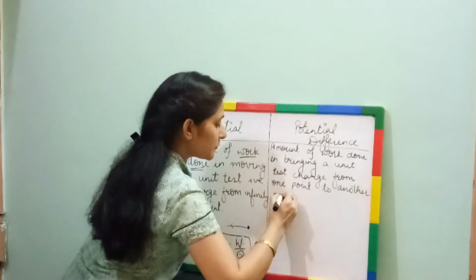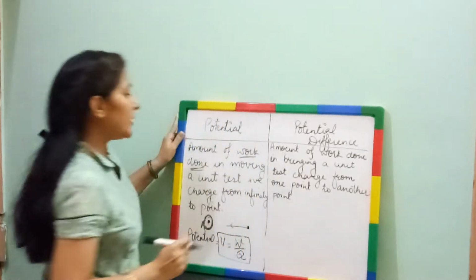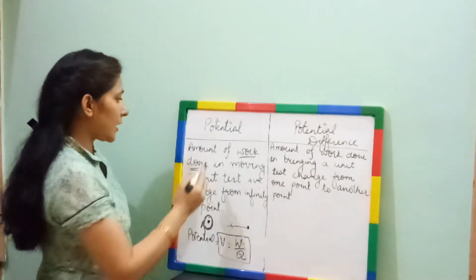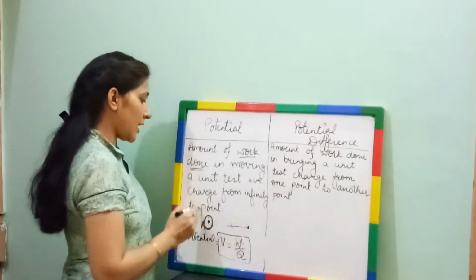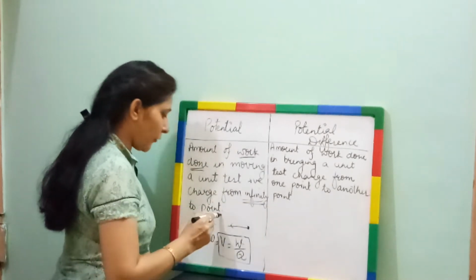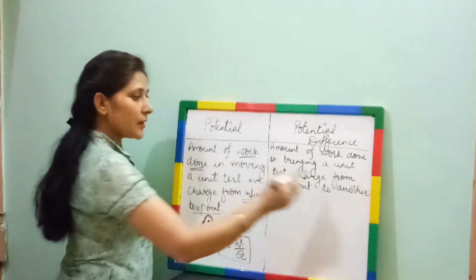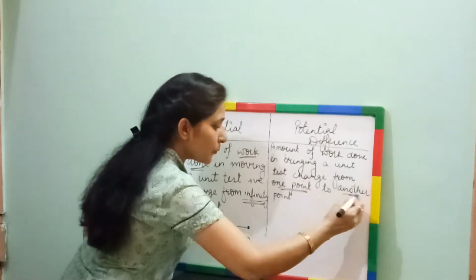I believe you can see the difference over here. Earlier it was the amount of work done in moving a unit test charge from infinity to a point, here from one point to another point.